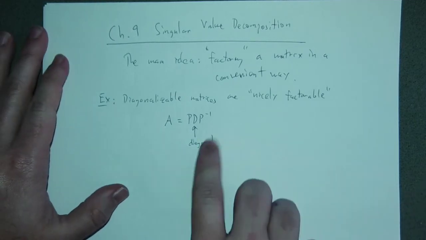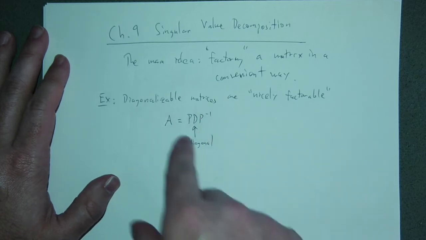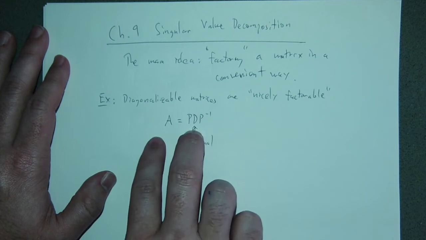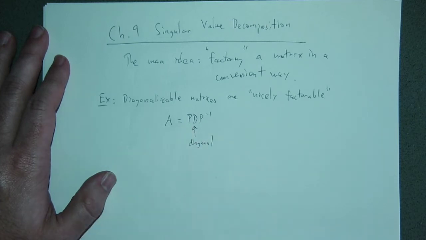So matrix A is diagonalizable if, you might remember, you have two matrices related in this way, called A and D being conjugate to one another. If they're related in this way, you would say that they are similar.